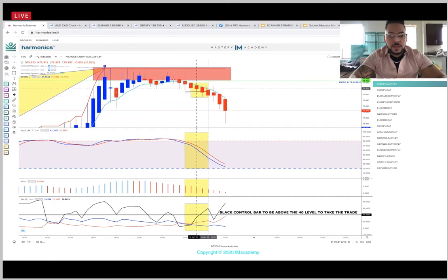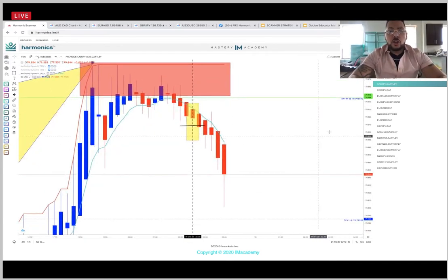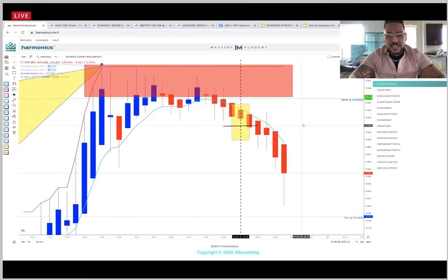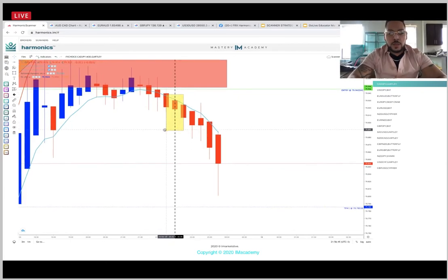Once you have all of these confirmations lined up in a row, it's like binary for Forex. Once you have all of these confirmations lined up in a row, you have officially, successfully identified the confirmation candle in the market. Bingo.